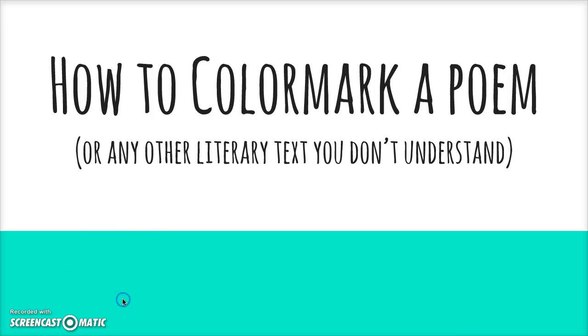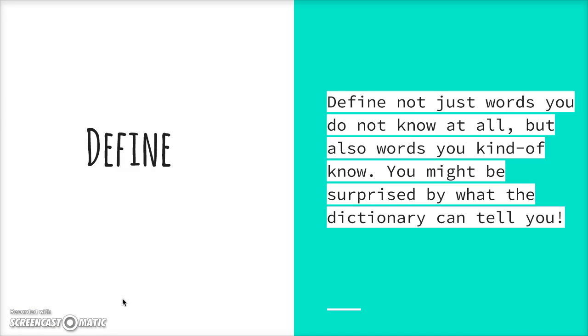So the very first thing that you need to do when you're color marking is to define the words in the poem. This is really not even if you're color marking, this is anytime you read a poem. You should go through and first define any words that you don't know. But I would challenge you to also go through and define words that you kind of know. There are lots of words that we have a context for, and we're pretty sure we know something about what it means.